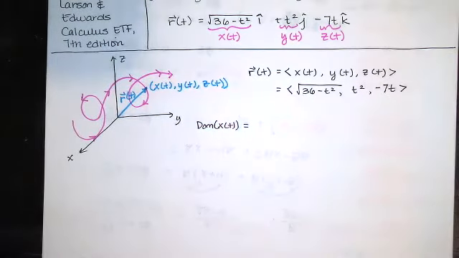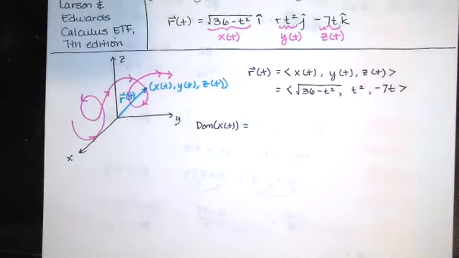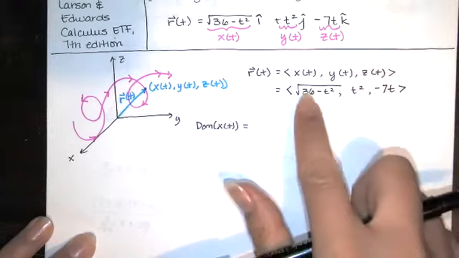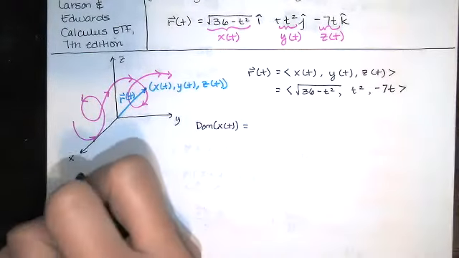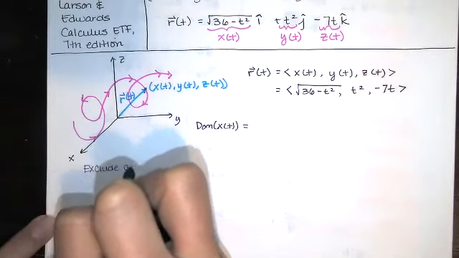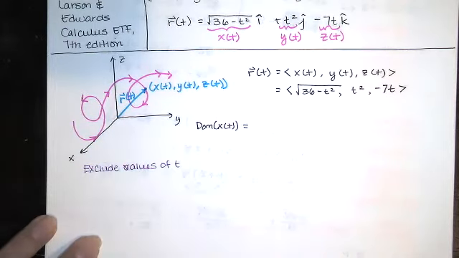Now this is what you have to remember from pre-calculus. The values of t that will work here and here and here are the values of t that we can put in that aren't going to cause any problems. So we want to exclude values of t that cause the following problems. Any other value of t will be fine.